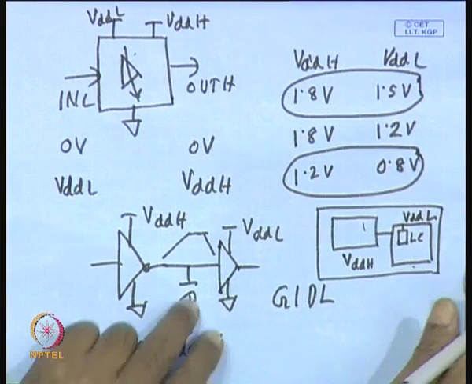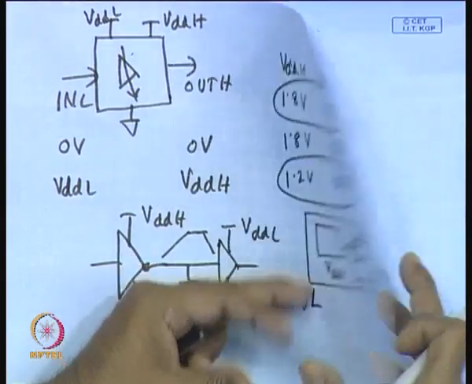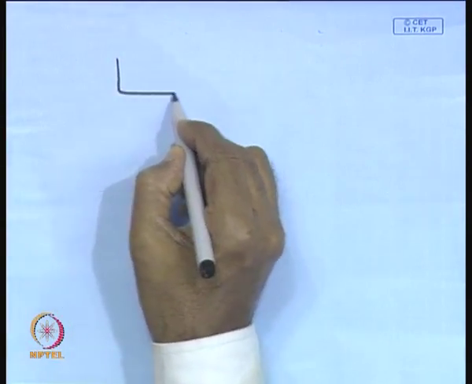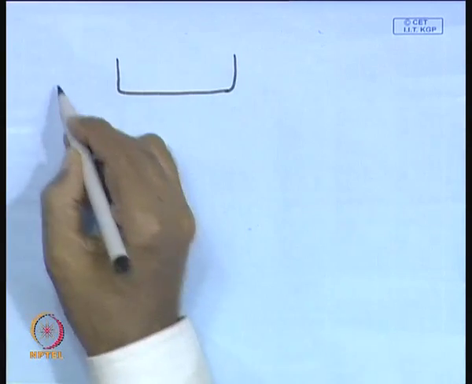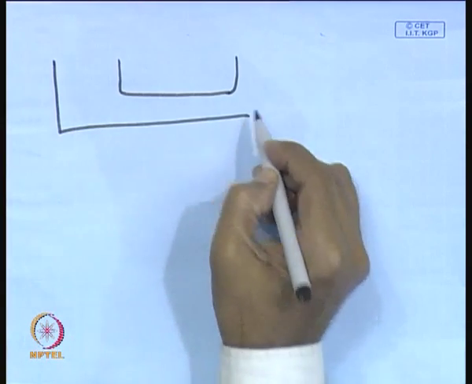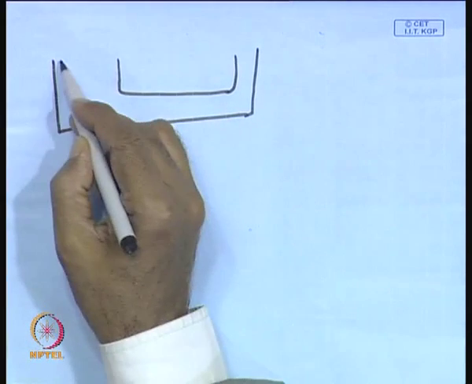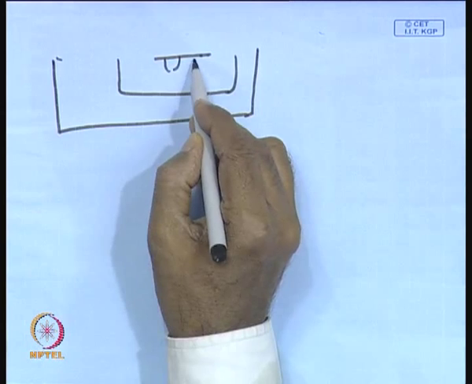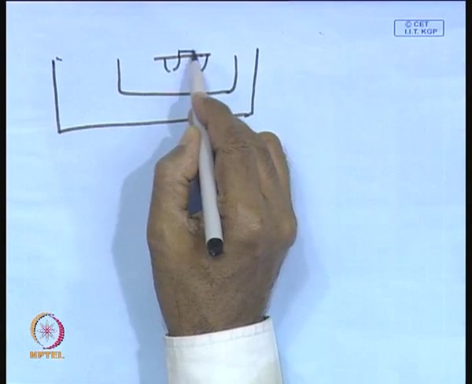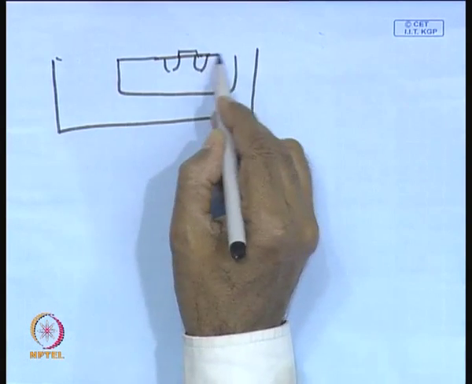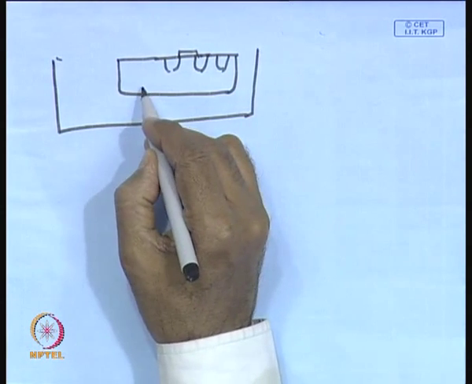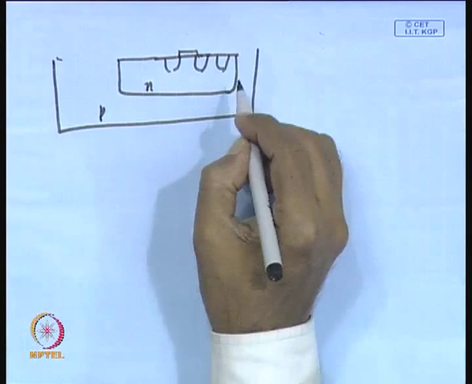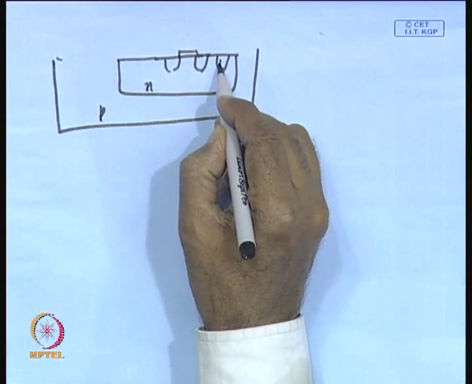Whenever you are realizing transistors of different voltages, suppose this is an N well, this is the structure, and there is a MOS transistor here, and this well is connected, say suppose this is your N type and this is P type, and this is N plus.